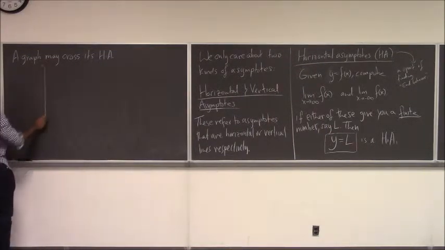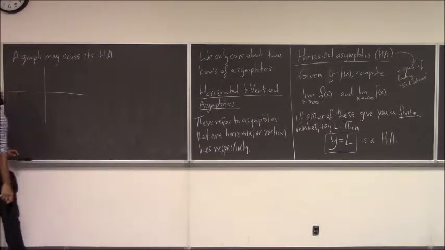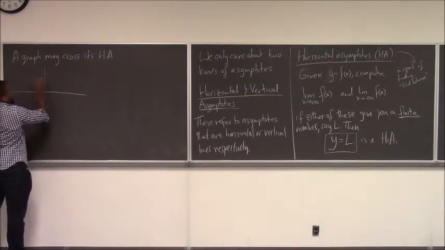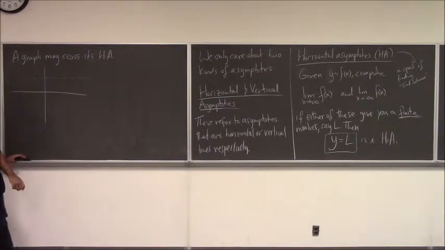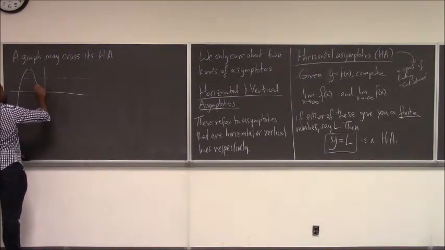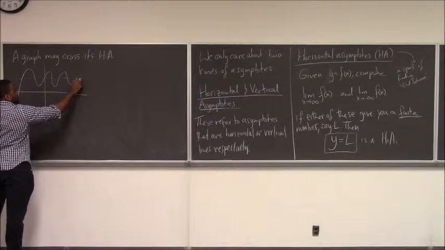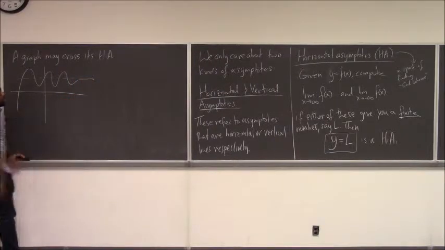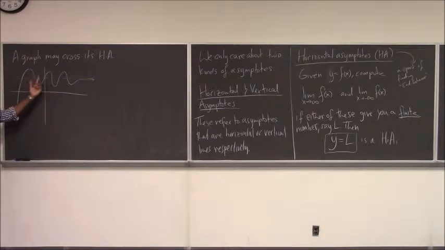So you might have a graph doing its thing, and maybe you find that this is a horizontal asymptote, and the graph might do something like this. It can cross its horizontal asymptote, and then eventually it's going to level off, right?